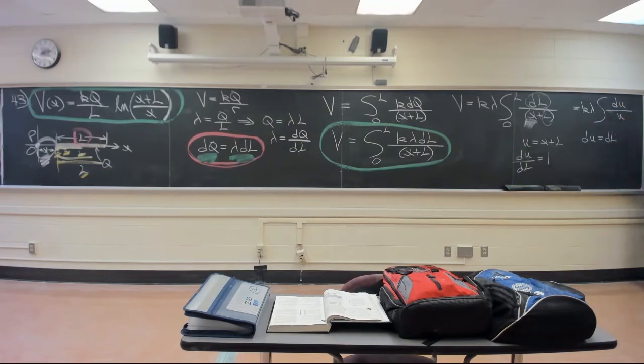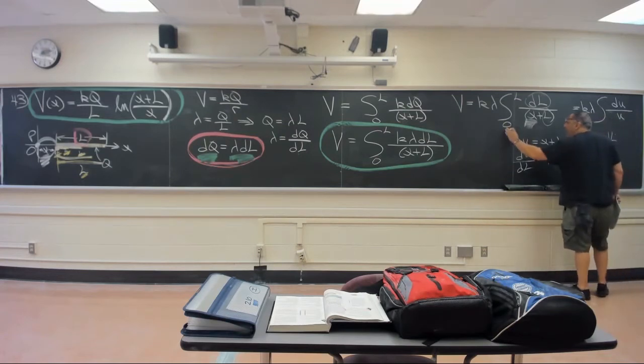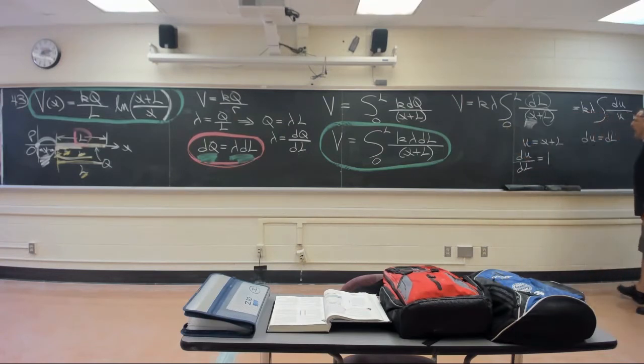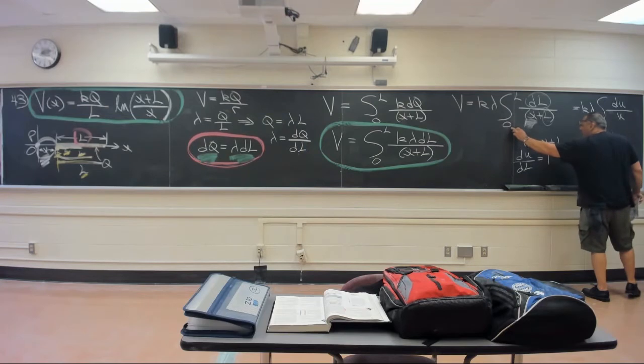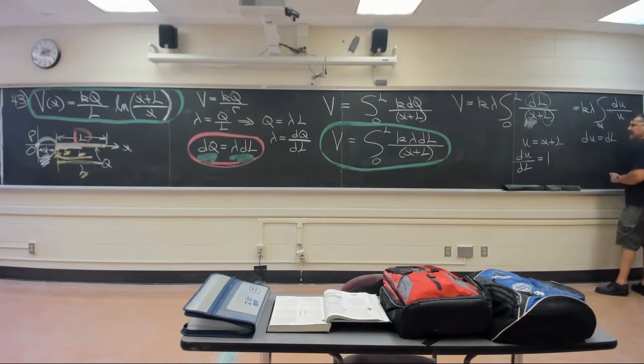This is u at 0. I'm just trying to figure out what is u? U is equal to x plus L. If u is equal to x plus L, at L equals 0 you get u equals x. L equals 0 here plus x, that's x.